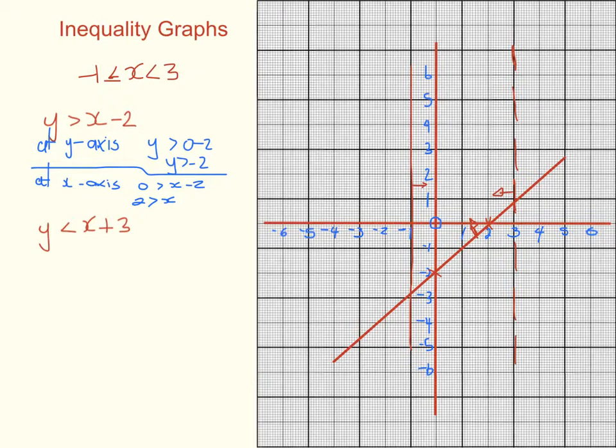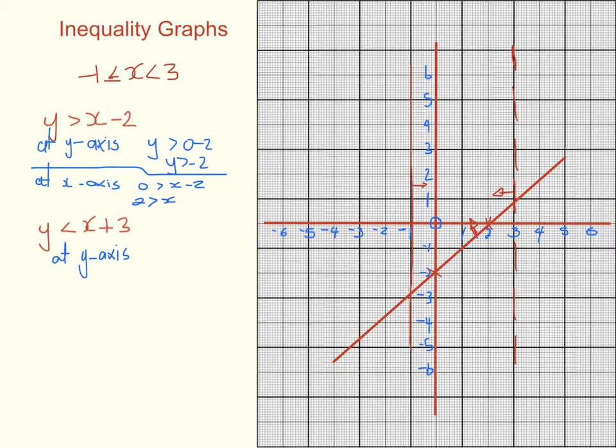Let's sort this one out. I'll do the exact same thing for this one. I will check to see where it crosses the x-axis and where it crosses the y-axis, and then we'll draw that. Okay, so now we're going to say that at the y-axis, remember what happens at the y-axis, this becomes 0.